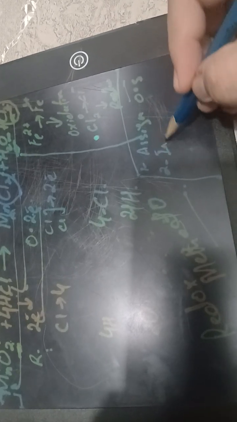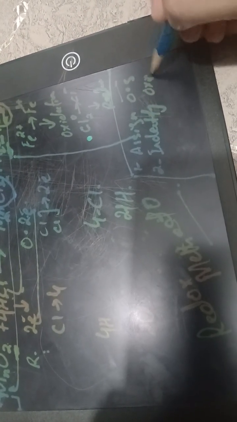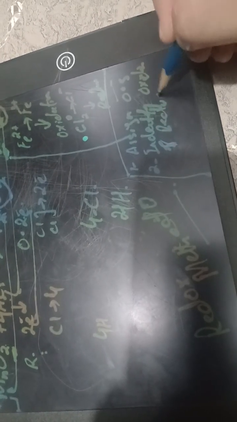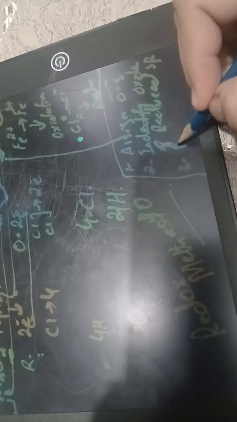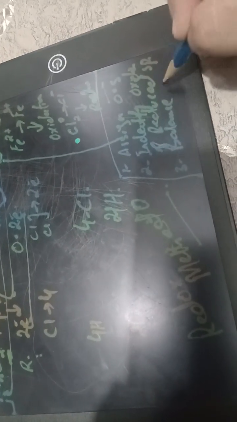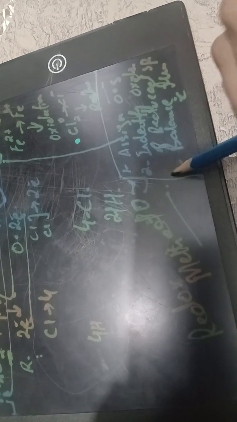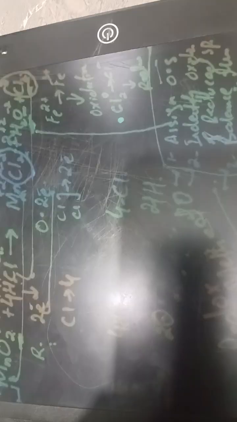Next step, identify oxidized or reduced species, and third, balance the electrons. By doing these 3 steps, we complete 98% of the balancing of the equation. We will study the other equation in the next video.